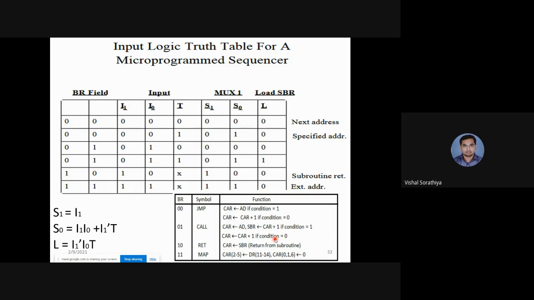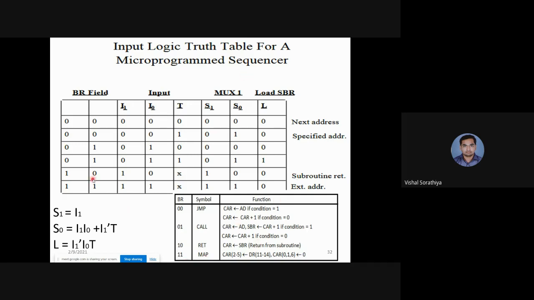So if there is a jump 0, whether I need to just stay here or jump to the specific location depends upon the AD you have given. Related to the BR field that is generated, you need to check whether to come here, increment by 1, or go somewhere else.